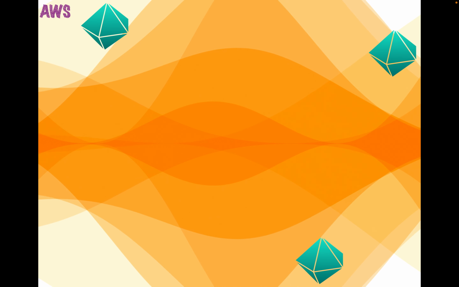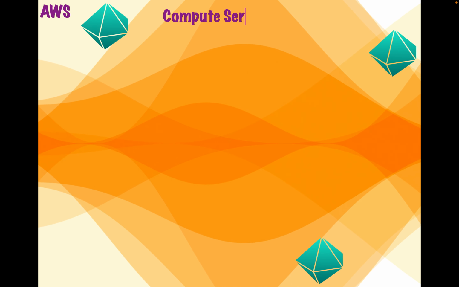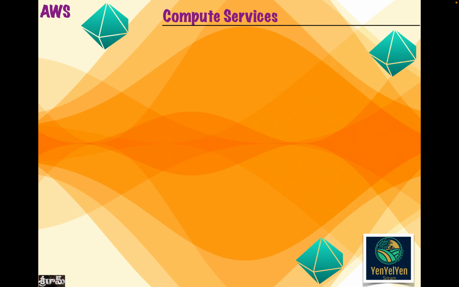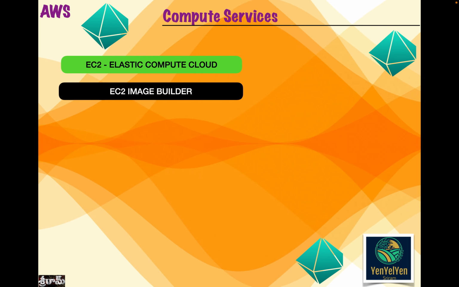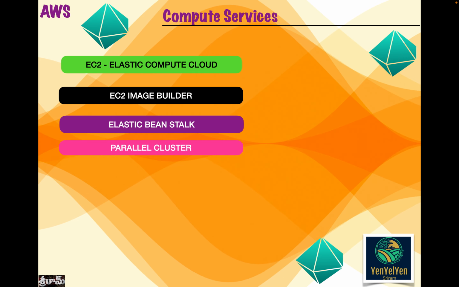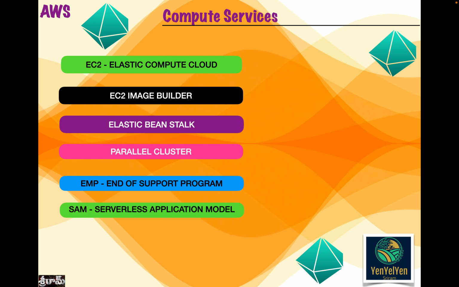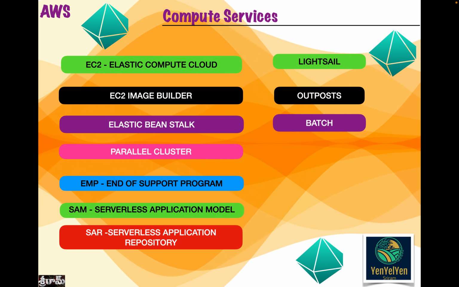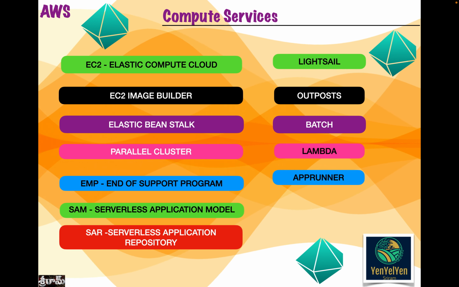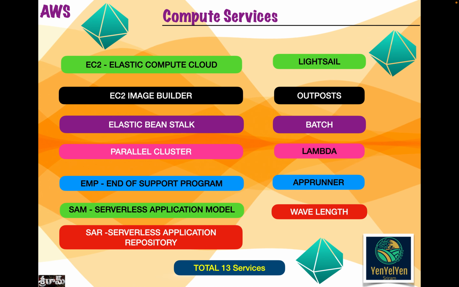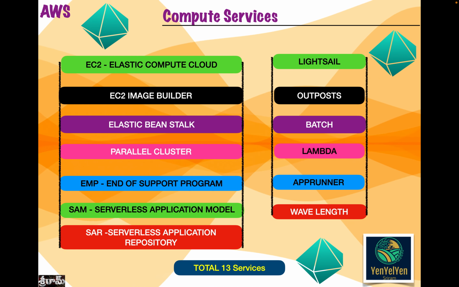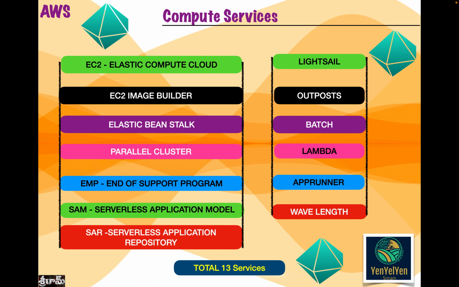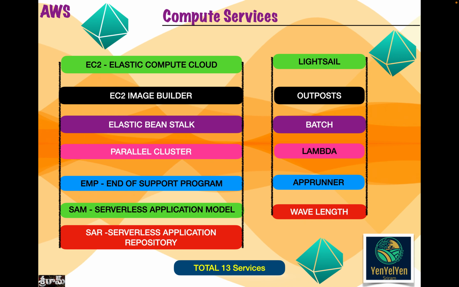AWS Compute Services are below: EC2 Elastic Cloud Compute, EC2 Image Builder, Elastic Beanstalk, Parallel Cluster, EMP End of Support Program, SAM Serverless Application Model, SAR Serverless Application Repository, Lightsail, Outpost, Batch, Lambda, App Runner, and Wavelength.